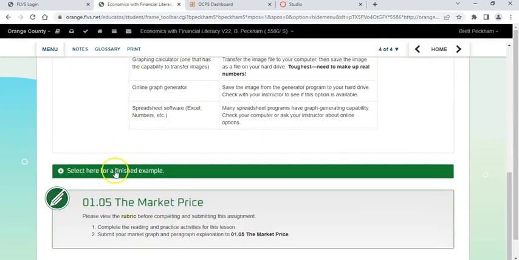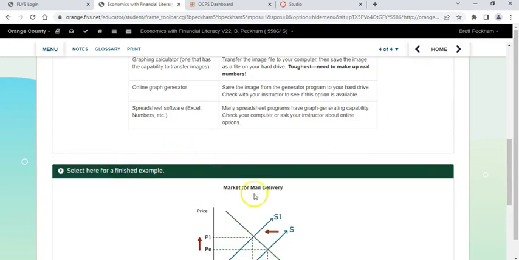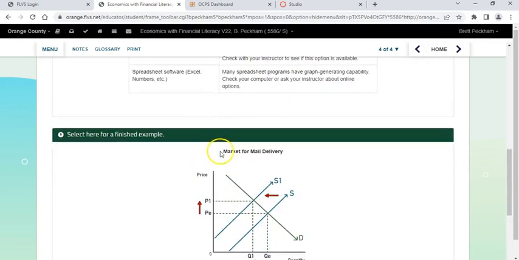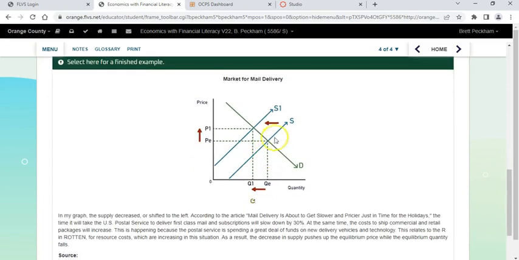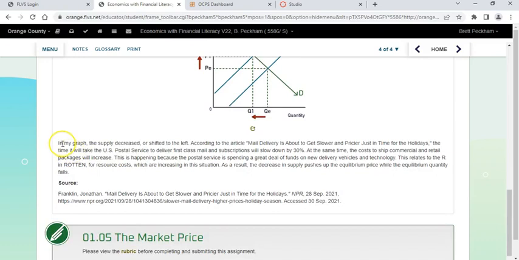If you wanted to see what a finished example might look like, click down here, it says a market for mail delivery. You can see that there's a decrease in the supply line, a leftward shift, which causes the prices to increase and the quantity to decrease. They have their article here.